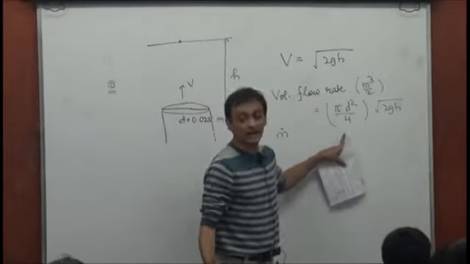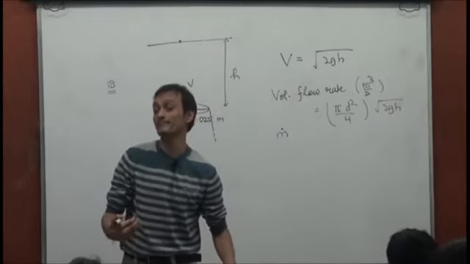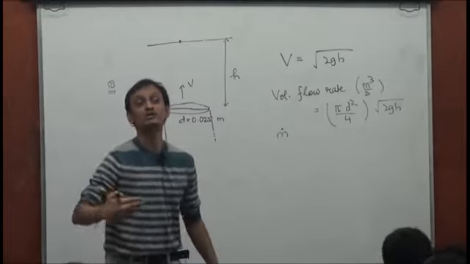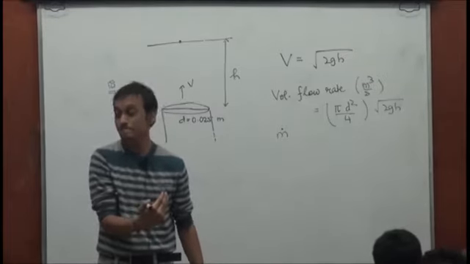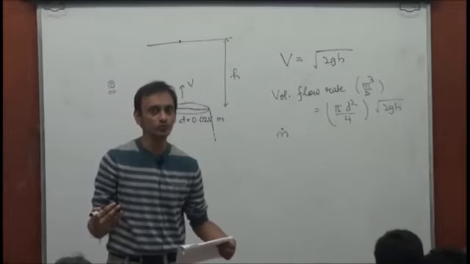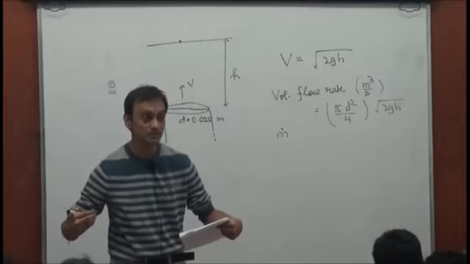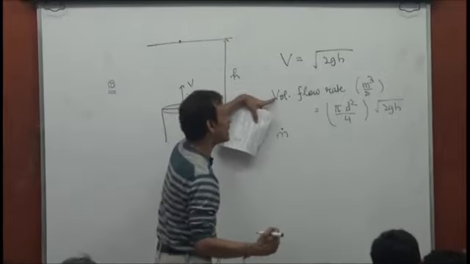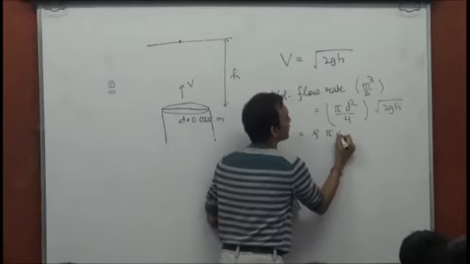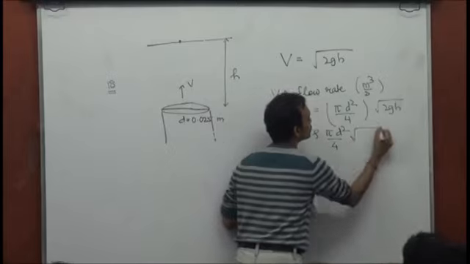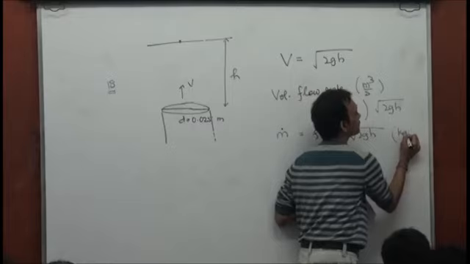This is cubic meters per second. To get the mass flow rate, multiply the volume flow rate by density, right? Multiply cubic meters per second by density, you're going to get kilograms per second. So rho into pi d squared by 4 into root 2gh. That's going to be the kilograms per second.